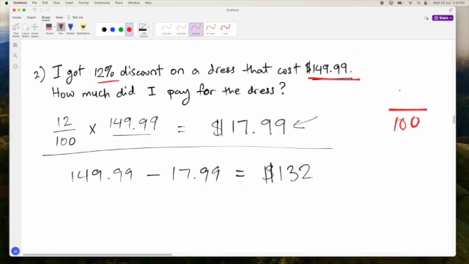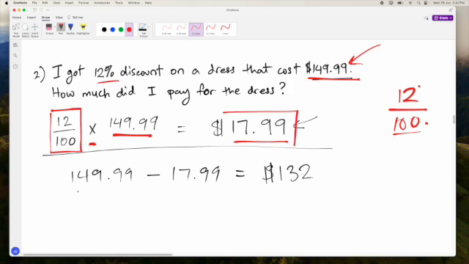And we want to find what is 12% of that. So 12% of, and you're seeing it again, mathematics is a language, 12% of the price of the dress. And punch it in your calculator, that gives us $17.99. And of course, this is the discount you're going to get. And so the price of the dress, or the cost price, minus the discount, will give you the selling price, $132.